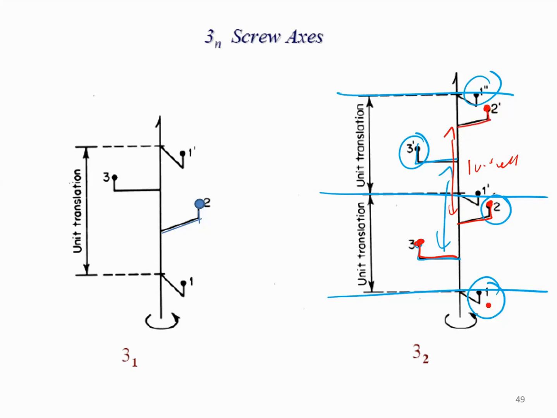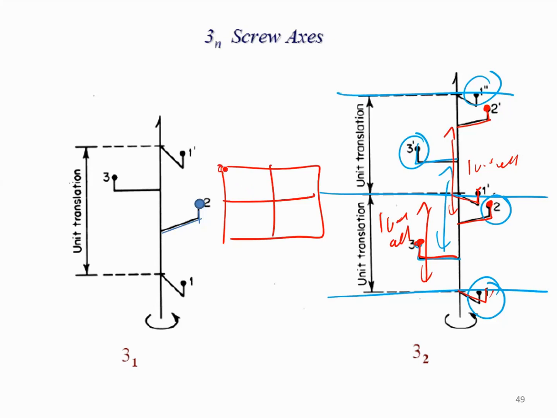Then again, this position is equivalent to this position because this is 1 unit cell. Okay, you have studied in the first chapter, right? So if any point here, after 1 unit cell, we have another point here, and these 2 points are equivalent, and these 3 points are equivalent. So this point and this point are equivalent, right? 1, 2, 3, 1, 2, 1, 2.